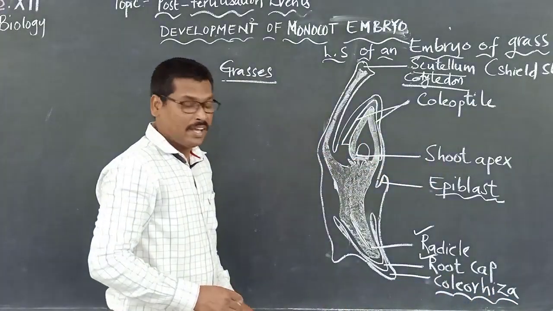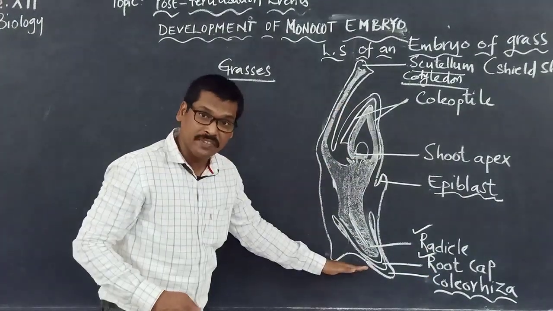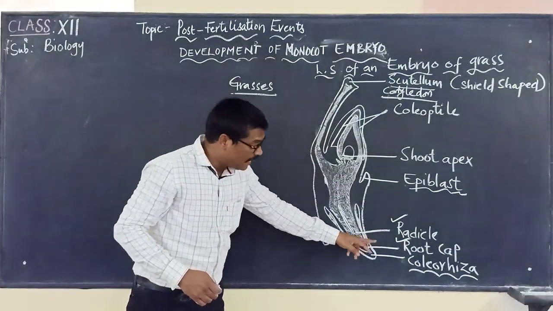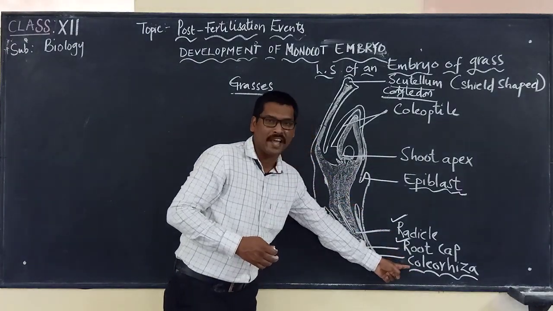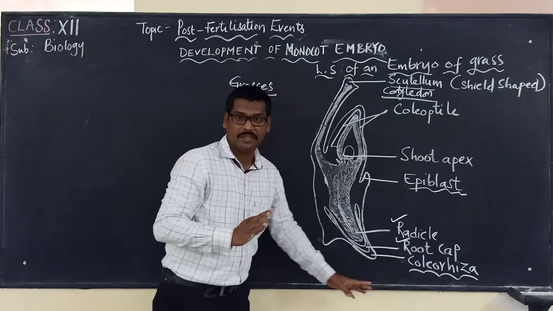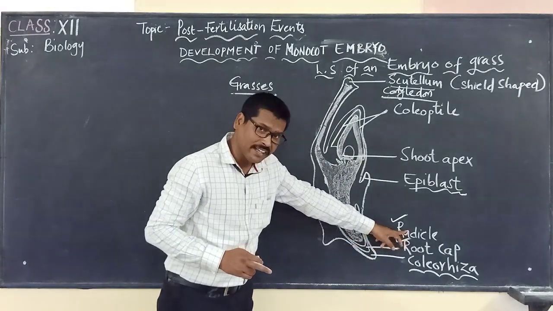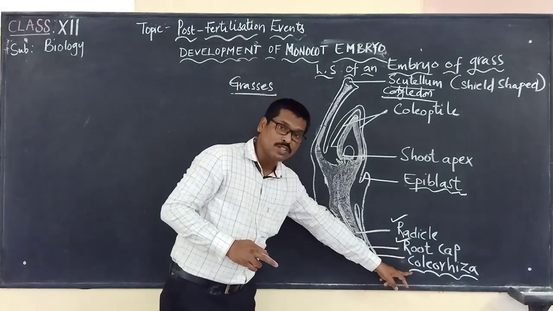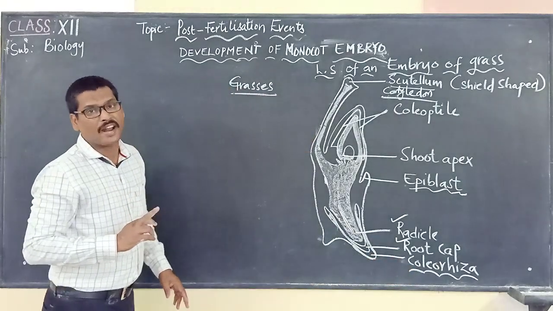Please remember that. So at the lower end of the embryonal axis, there is a radicle and root cap which are enclosed by an undifferentiated sheath called coleorhiza.